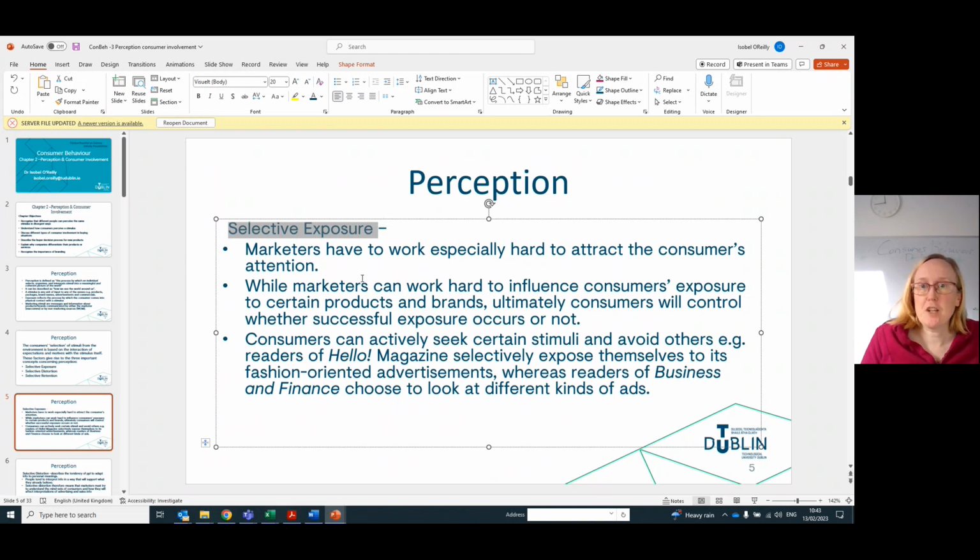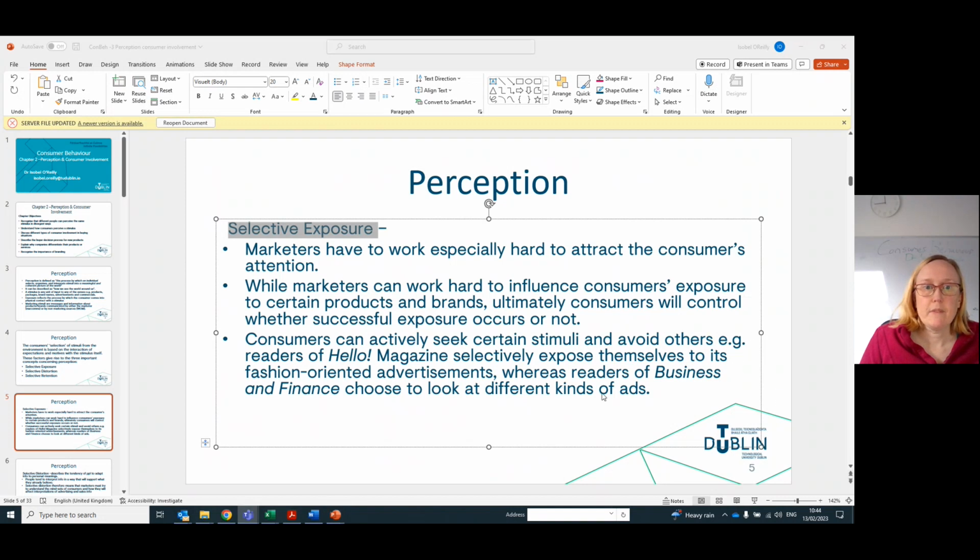Marketers have to work especially hard to attract the consumer's attention, as we've mentioned. While marketers can work hard to influence consumers' exposure to certain products and brands, ultimately consumers will control whether successful exposure occurs or not. And consumers can actively seek certain stimuli and avoid others.